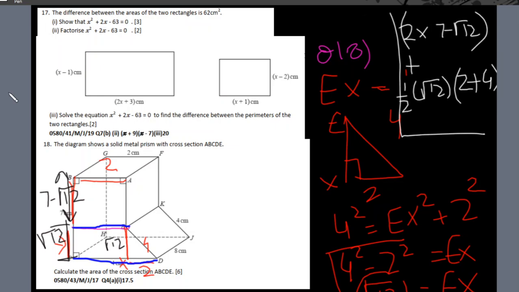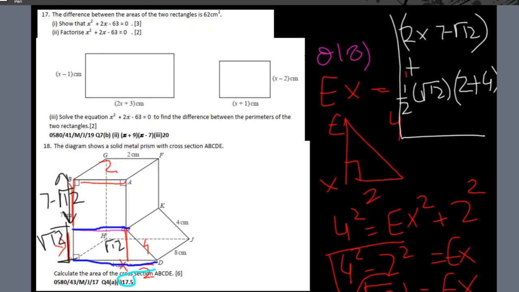This has given me 20.9, which is not the correct answer. I've probably made some other mistake. Let me check. I'll be right back. Okay, so I made a mistake while entering these values in the calculator. I should put brackets around this as well while entering the values. So I'll show you how to do this again.